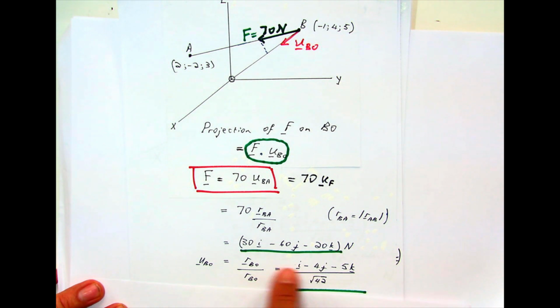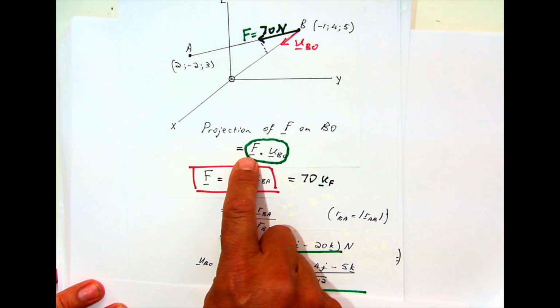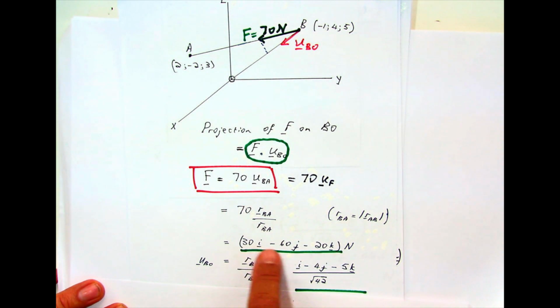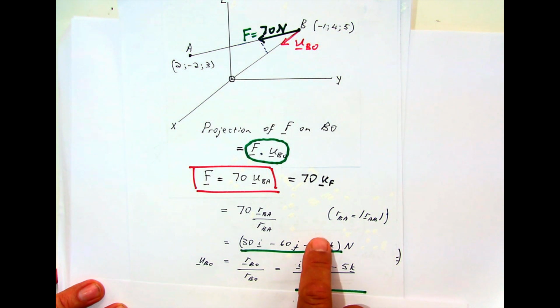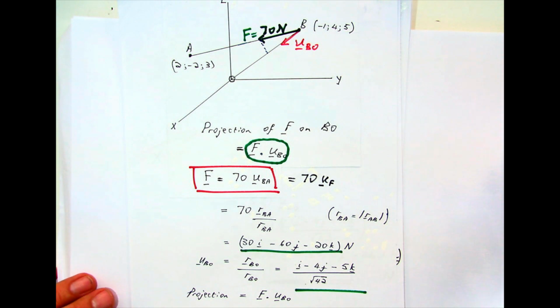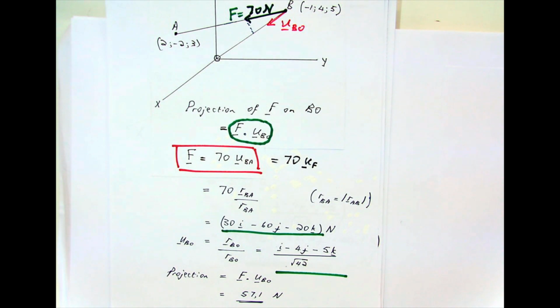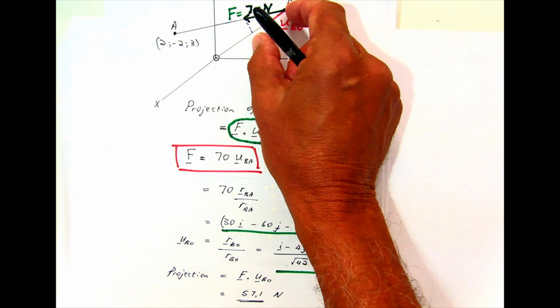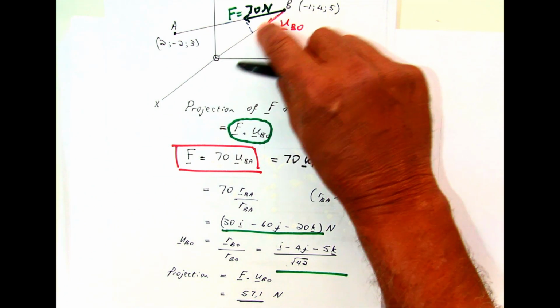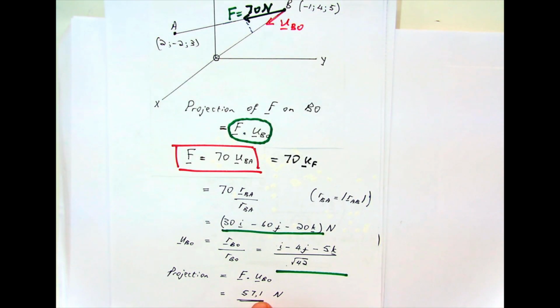Now what do I do with this unit vector? I've got to take the force dot the unit vector. So here's my force. I've got to take that dot this one. So in your final calculation, this is F dot that, work it out, simplify it, and you get the magnitude of that section over there is 57.1.